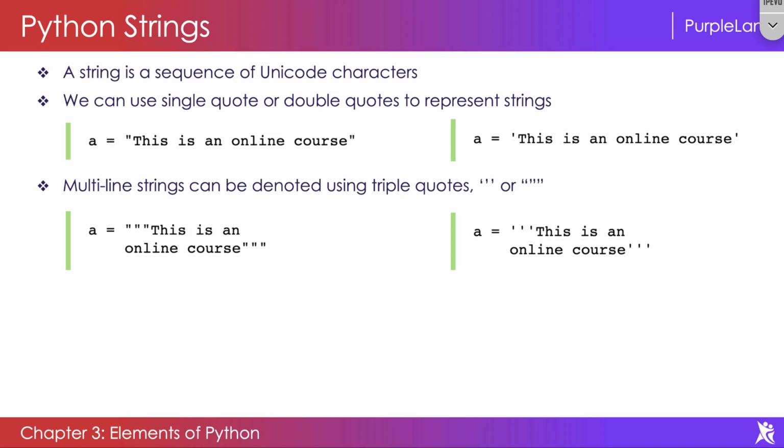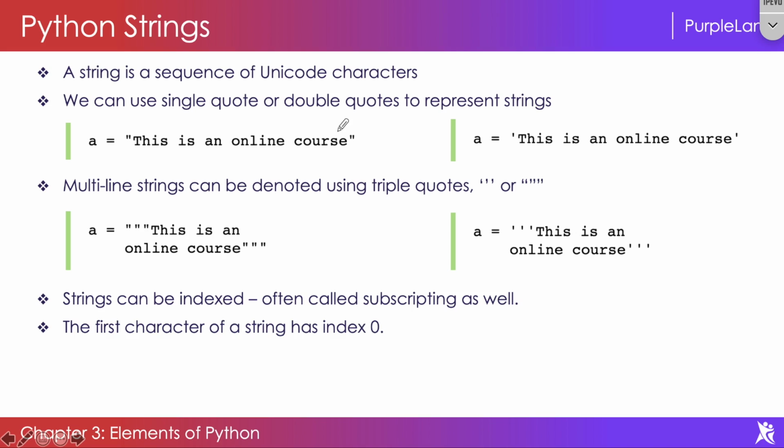Now Python strings can also be indexed. That means we can get the character present at a particular position in that string. And similar to C language, the string starts with index 0. That means T is at index 0, H is at index 1, I is at index 2, S is at index 3 and this space is at index 4 and so on, right?